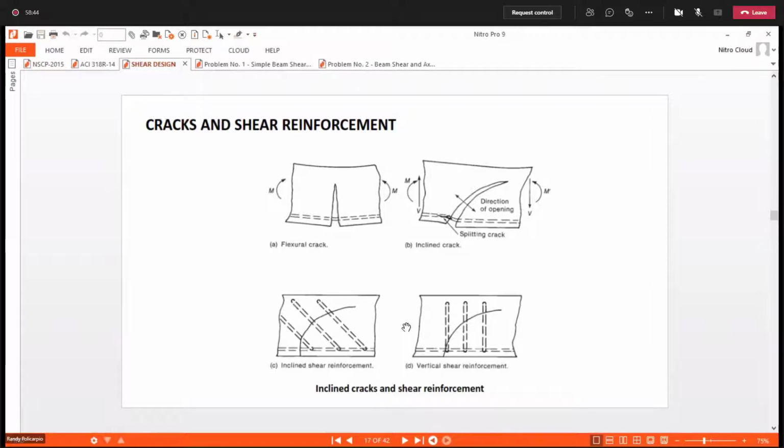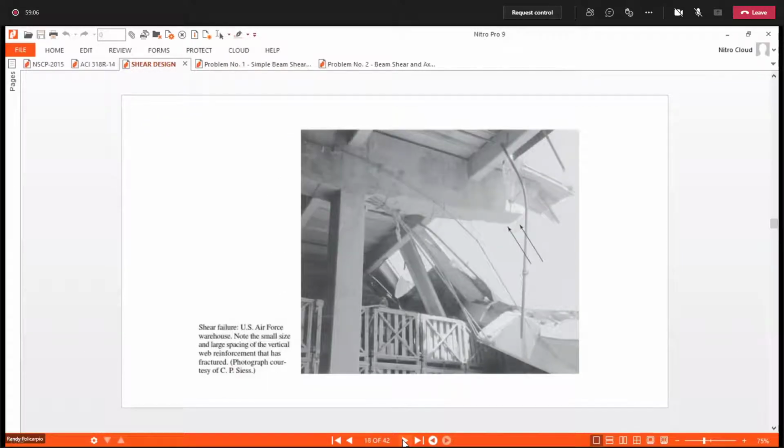Okay, so dito ngayon papasok yung ating tinatawag na design sa shear, to prevent these cracks. So we put shear reinforcement. The shear reinforcement can be inclined or it can be vertical. So meron isa tayong figure dito, picture showing here yung failure ng isang beam.